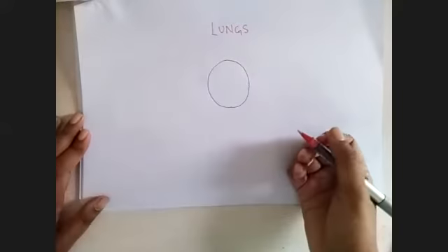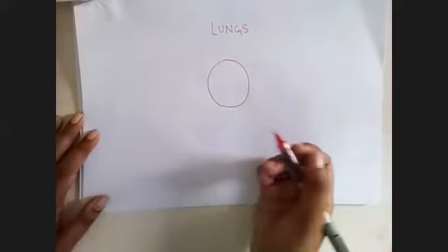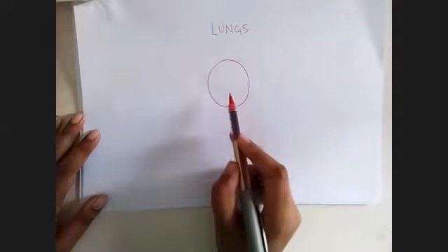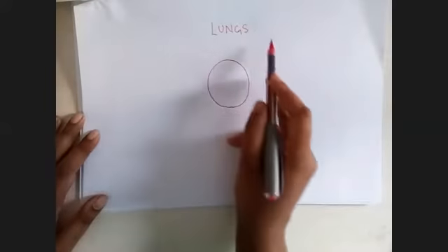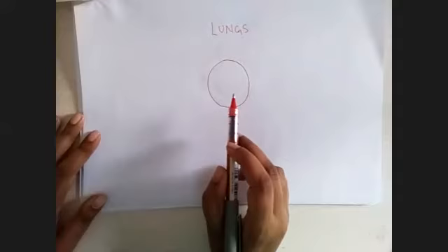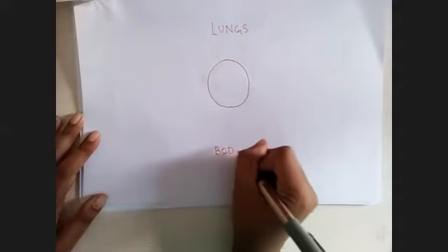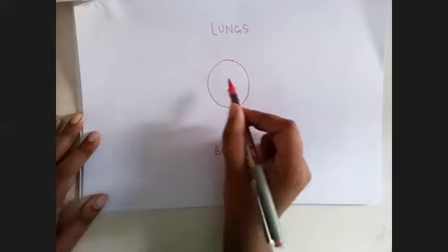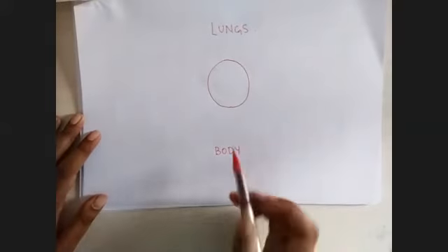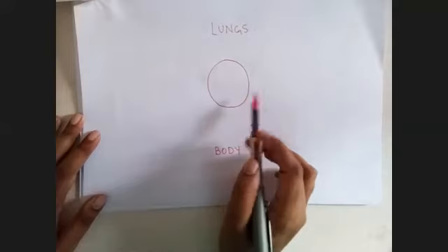You also know that the circulation in humans is a double circulation, which means that there is one circulation from the heart to the lungs and back to the heart. There is another circulation from the heart to the rest of the body, and then again back to the heart, but it happens through different portions of the heart.